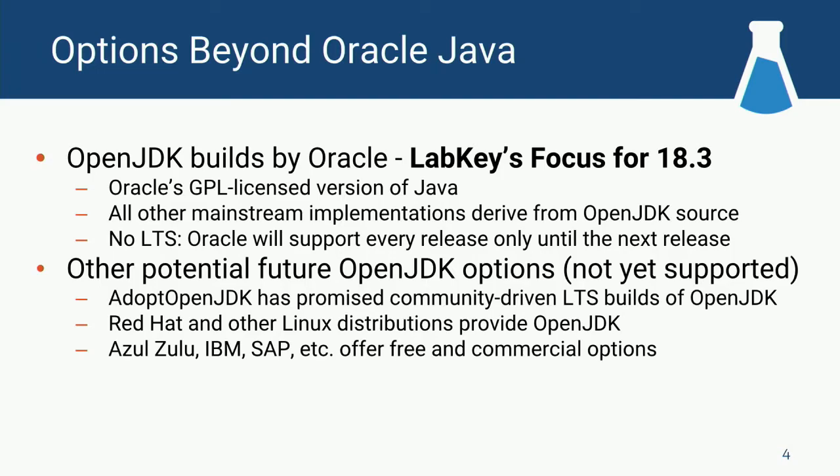Other possibilities: Red Hat and other Linux distributions provide access to OpenJDK through their distributions, and some of them have promised to do the same sort of thing, to support Java with security fixes and reliability patches. And then there's some other commercial options. Zulu is an option that comes up quite a bit.